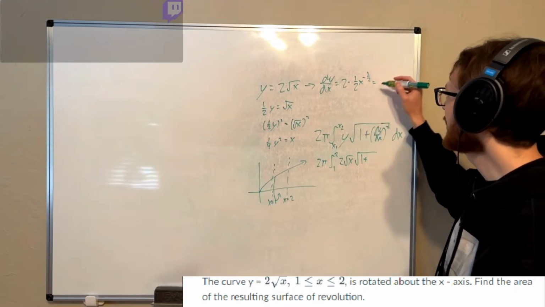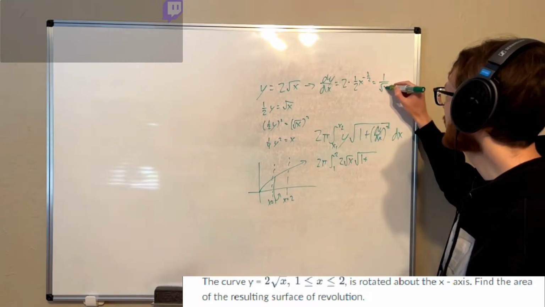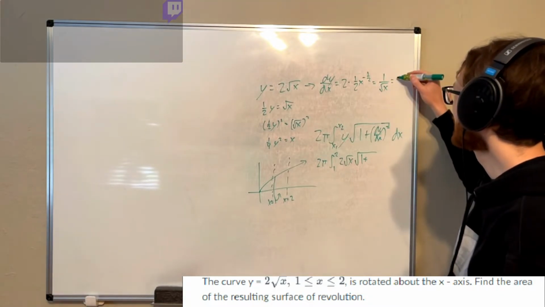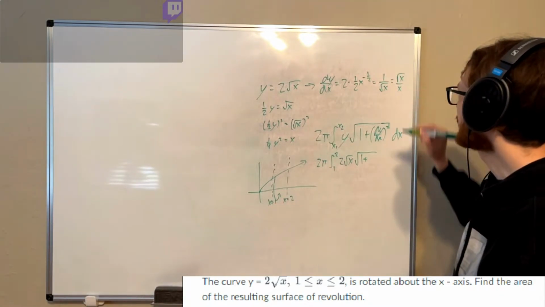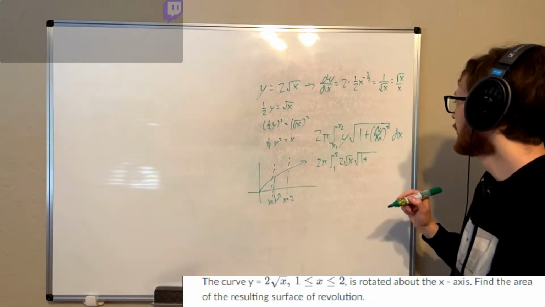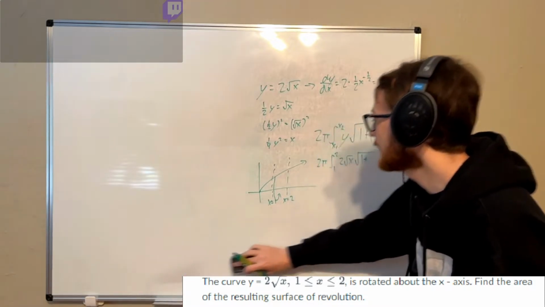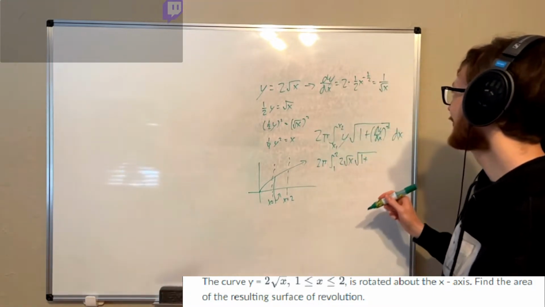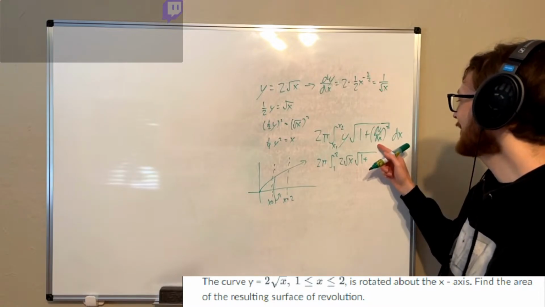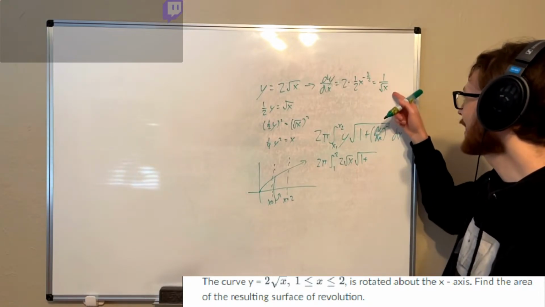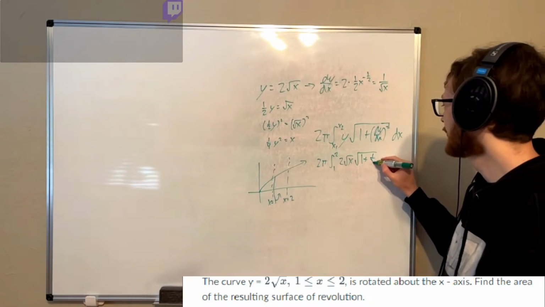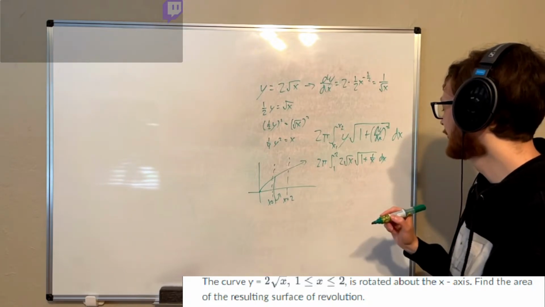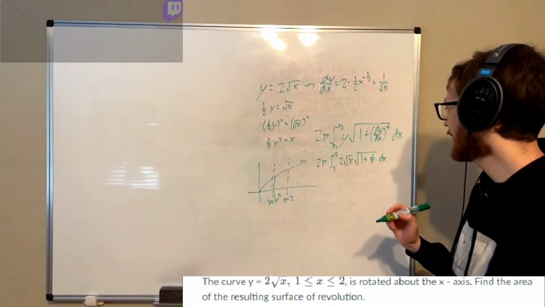So the 2 and the 1/2 cancel, and it's the same thing as 1 over root x. We're going to square it anyway, because you have a dx squared, so 1 over root x squared is 1 over x. I guess you multiply the x in.